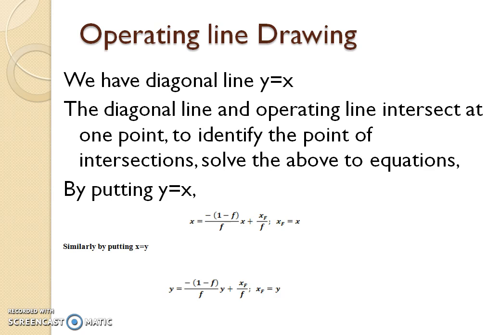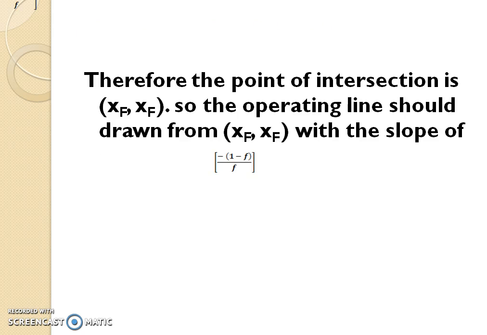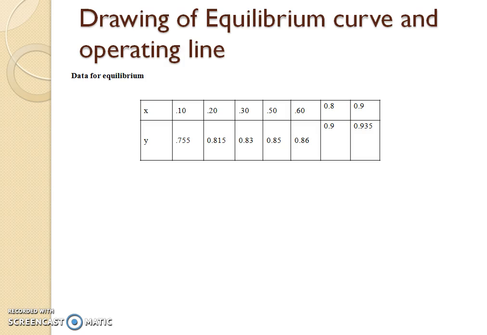Similarly, if you put X is equal to Y, then the Y value is equal to XF. That indicates that the coordinates of the point of intersection are XF, XF. With the help of the slope of minus (1 minus f) by f, we have to draw the operating line equation.